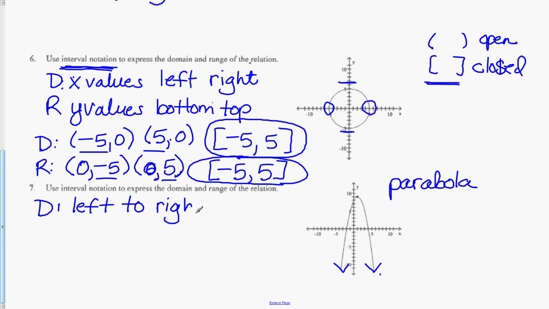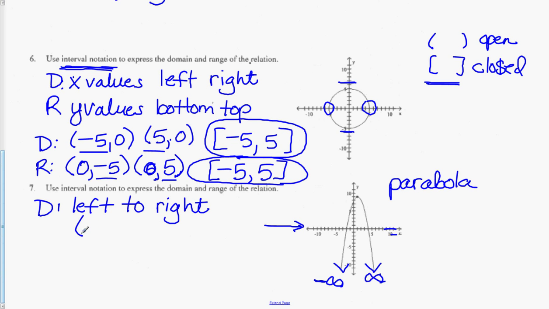So on this particular picture, I need to look at where is the graph going on the left side. Well, on the left side, it's coming down here and it's going to -infinity. On the right side, where's the graph going? Even though it's pointed down, I'm on the positive side of x. So it's going to +infinity, because when I am talking about domains, I'm only looking at this x-axis, left to right.